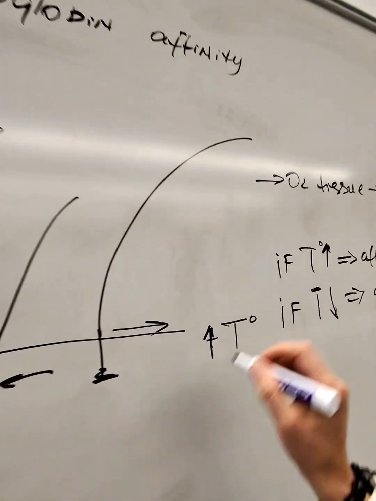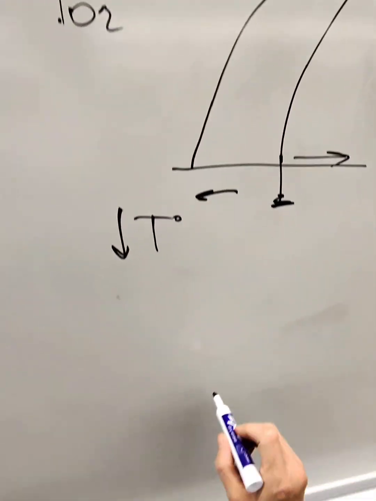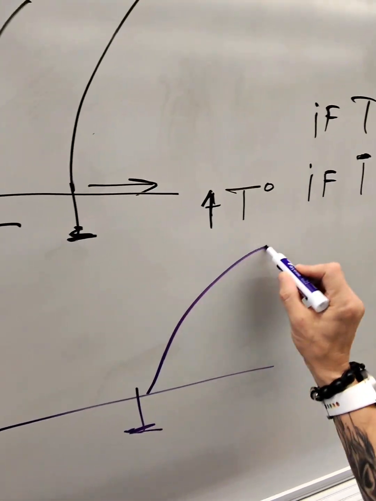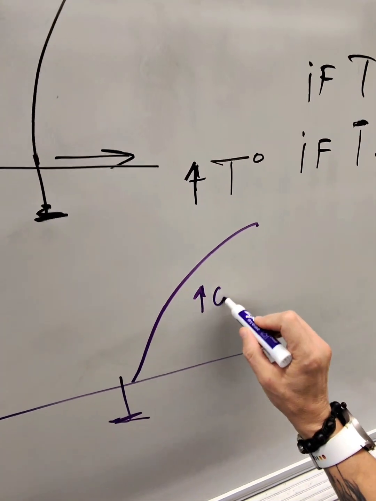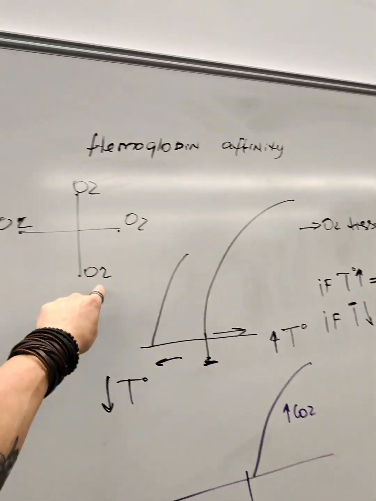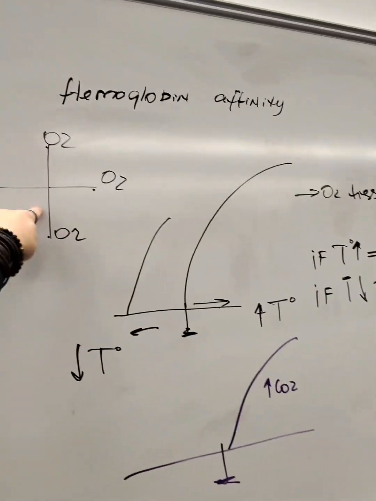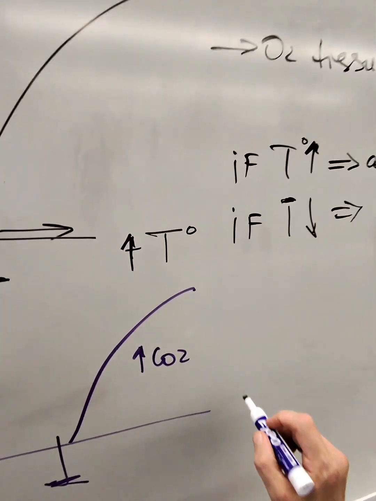So again, here's a scale, right? Let's say here. If there's an increase of carbon dioxide, then the affinity of oxygen to hemoglobin will also decrease.